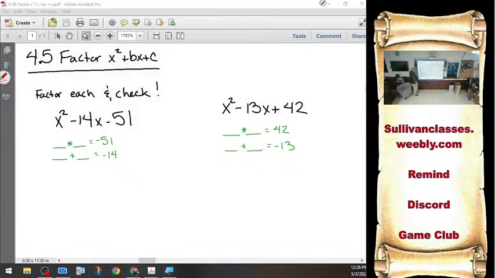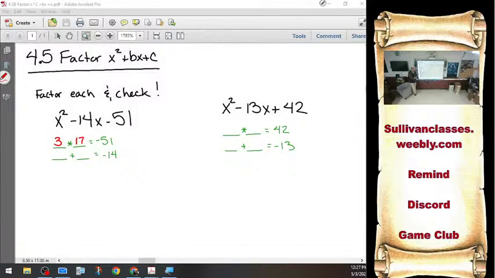First set, I look all the way around on my multiplication chart, or I'm guessing and checking with the calculator. What do you think? Okay, 3 times 17 does make 51, and then I have to decide which one's negative. How do I know it's got to be the 17 instead of the 3?